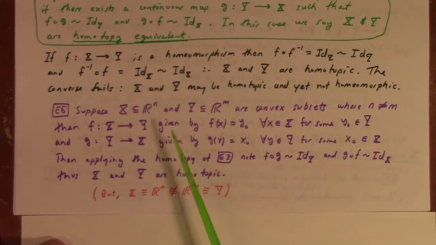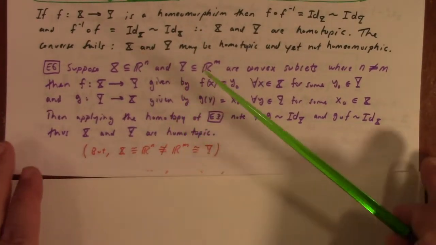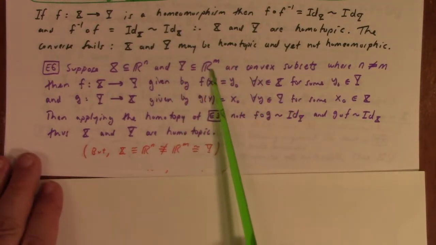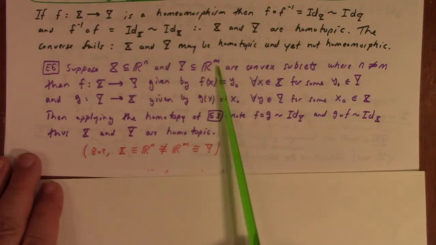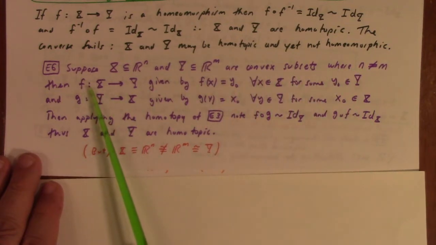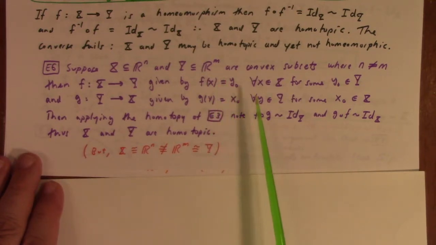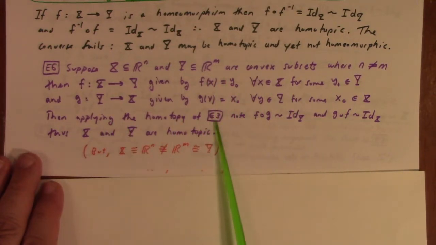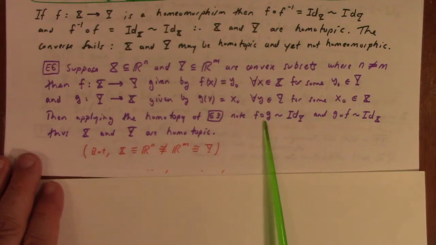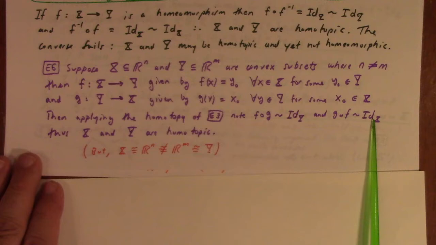See, if we have X a subset of R^n, and Y a subset of R^m, n as in Nancy, m as in mommy. If these are convex subsets where n is not equal to m, and we have f and g, which are just constant maps like that, then applying the homotopy of example 3, we have that f composed with g is homotopic to the identity, and g composed with f is homotopic to the identity.